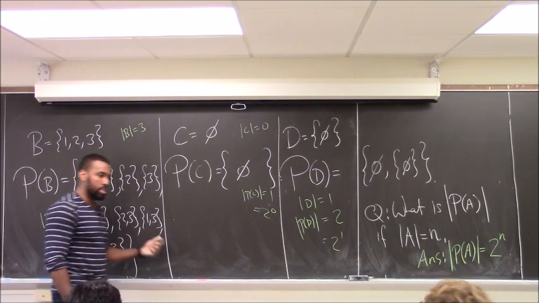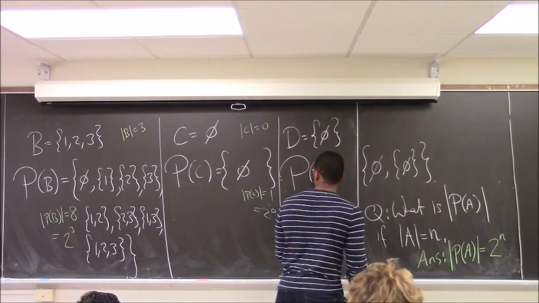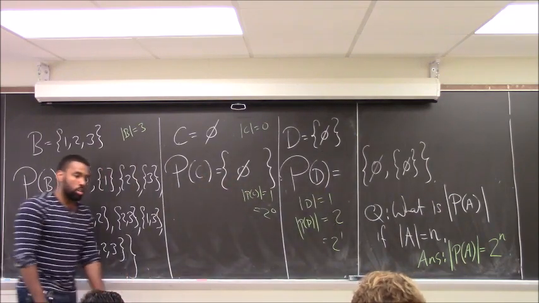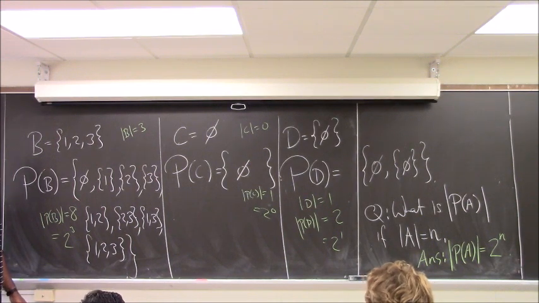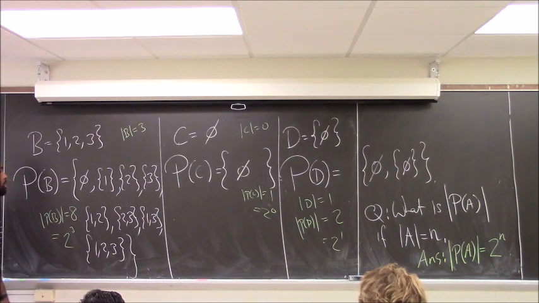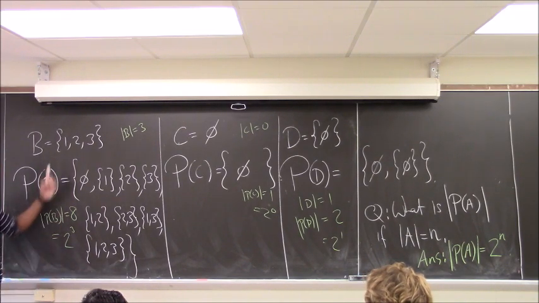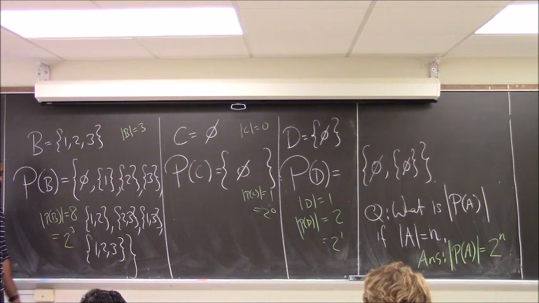Now we're going to talk about this as a counting principle in a little bit, but if you're wondering why this would be the case, one thing you can notice is that to create a power set, if you were like a machine and had to describe how to create a power set, you can describe it in terms of choices. At every element, it chooses whether to put it in a subset or not.